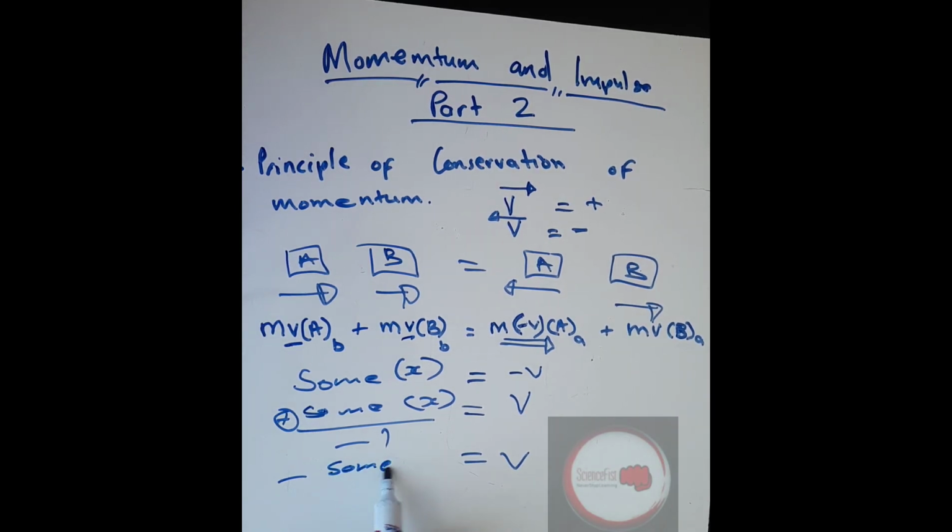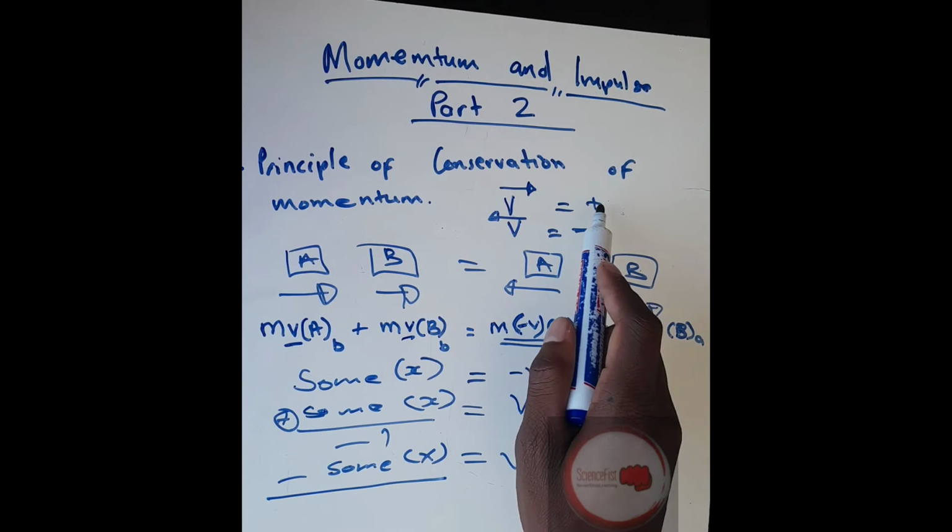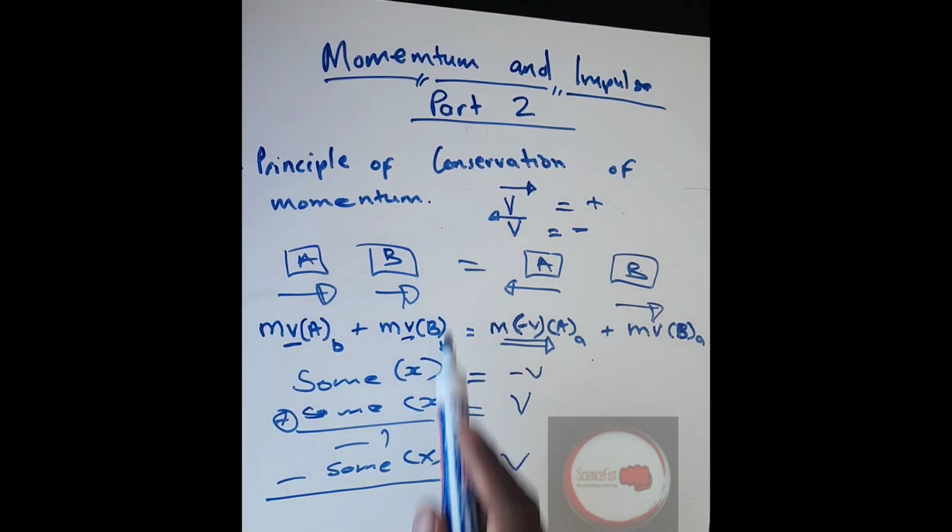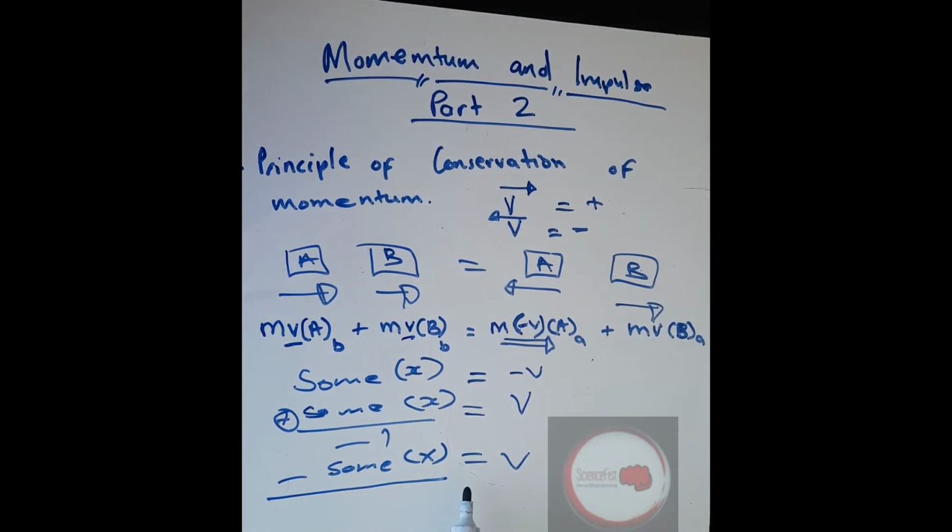Okay, some x value. But remember what I said, when it's negative, it's going to the left. So then when you give your answer, you don't give -5 meters per second. No, you give 5 meters per second to the left. Okay, so that's really important. But yeah, that's about it with the signs.